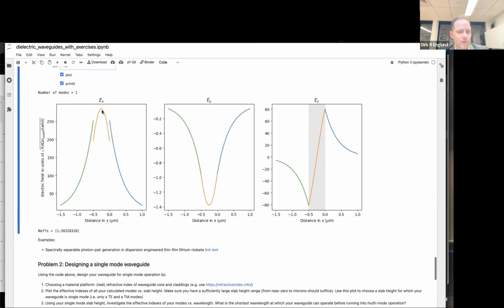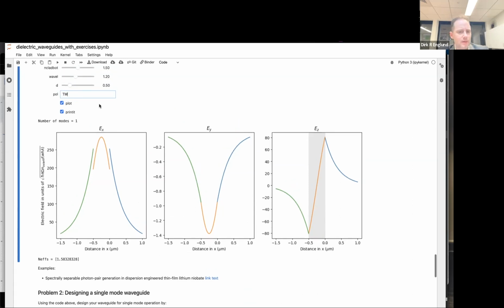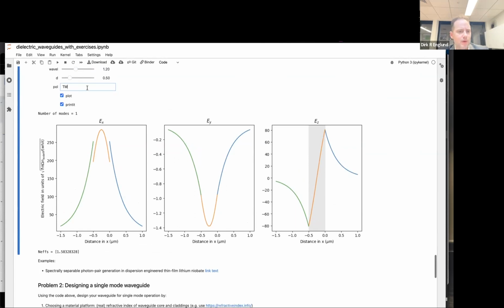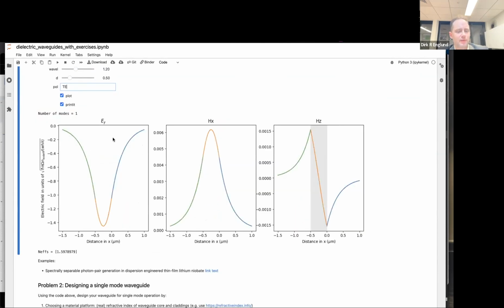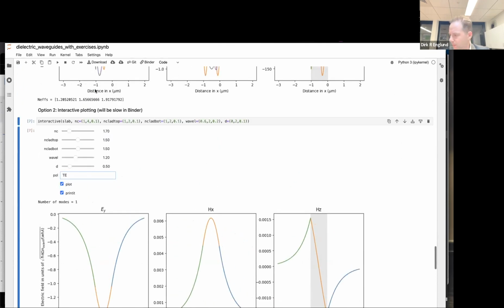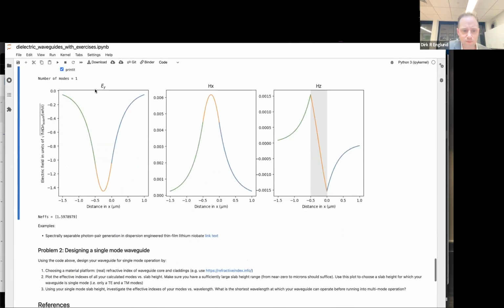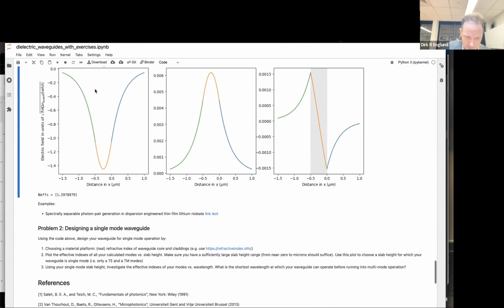So for the TM mode, the magnetic field component is maximum, whereas for the TE mode, the electric field component in the waveguide is maximum. Okay, so I'll fix that. Let me make a note here. A lot of programming to get this to work, but I'll send out an updated version to you.